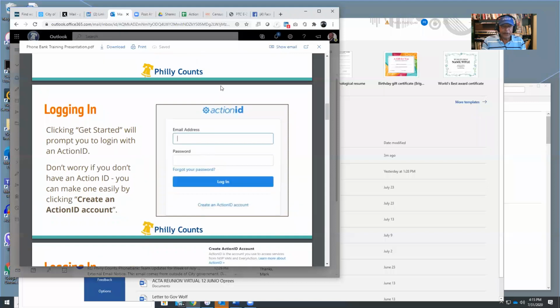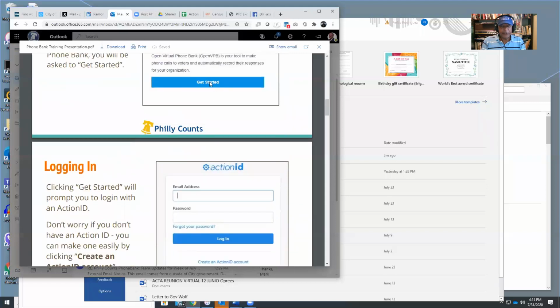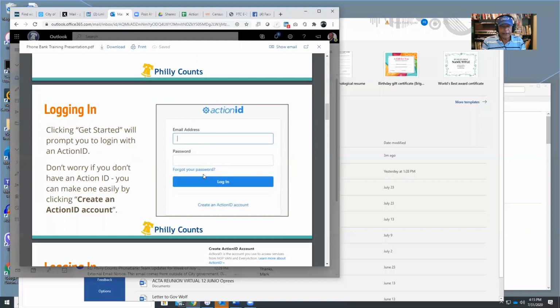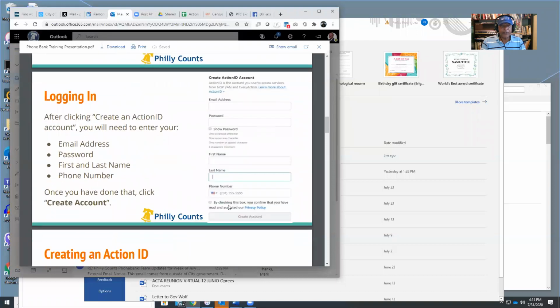When you click to start making calls, you click Get Started. It's going to say enter your action ID. But if you don't have one, don't fret, you can create one the first time. You can click here to say create an action ID account. And then you press there, and it will take you to this page.